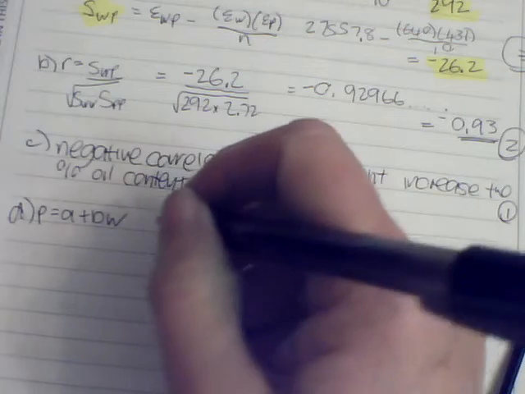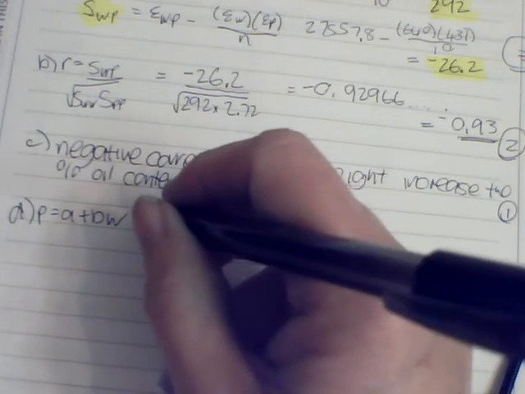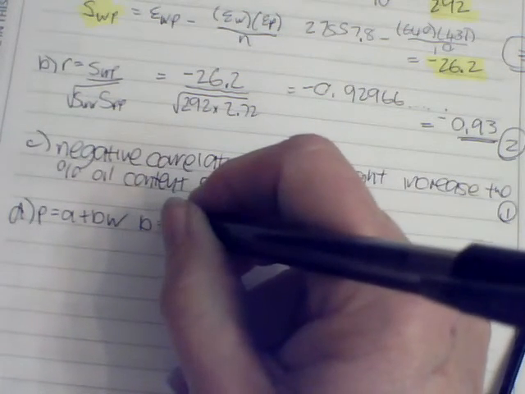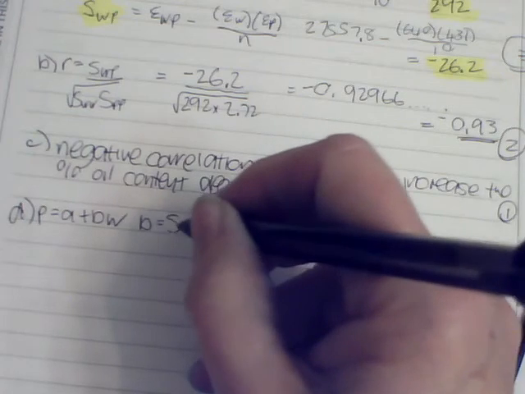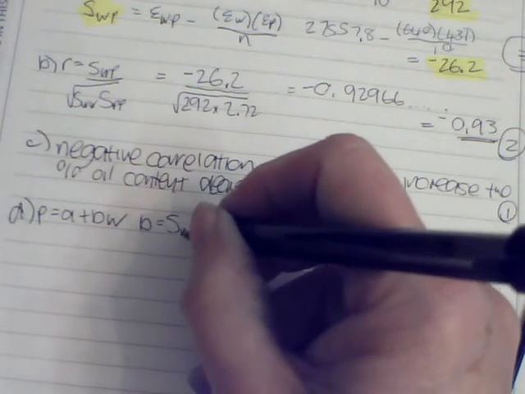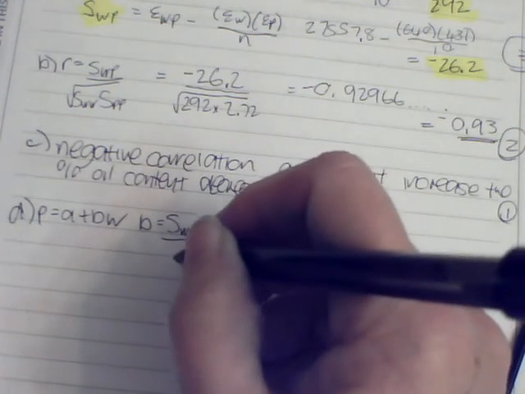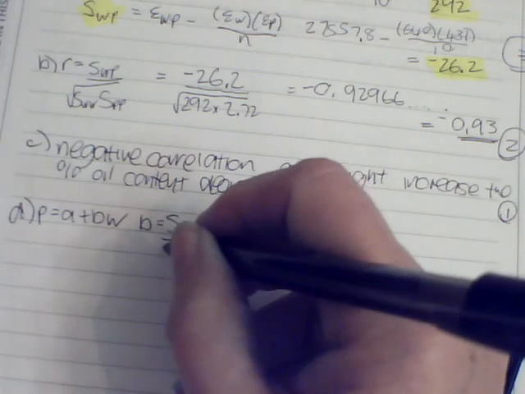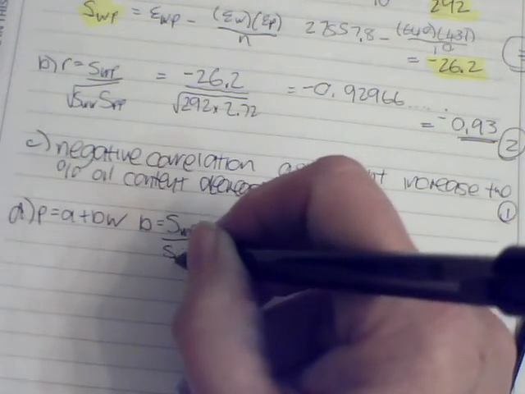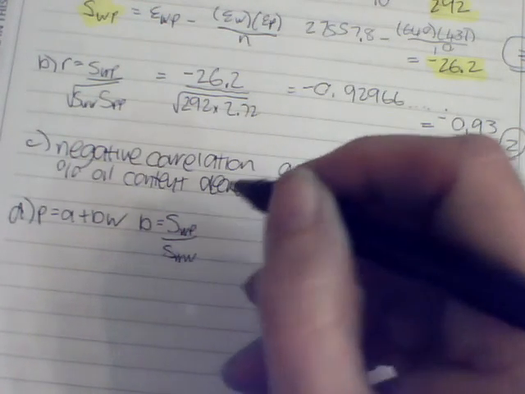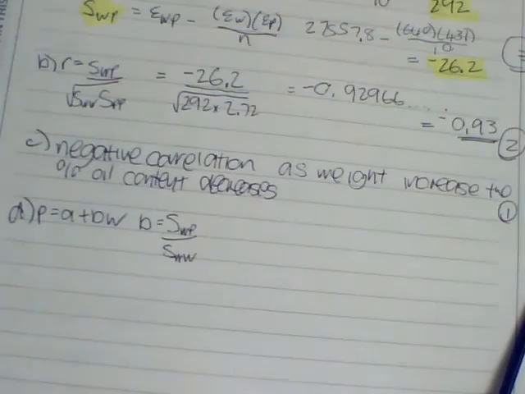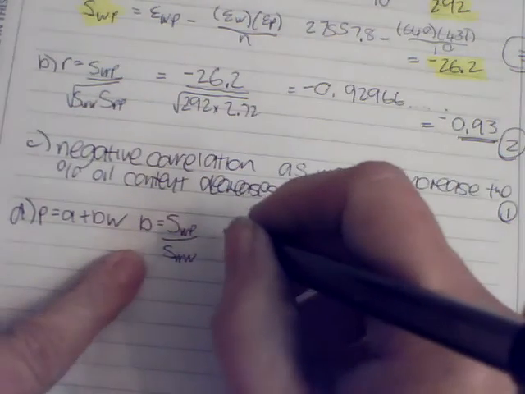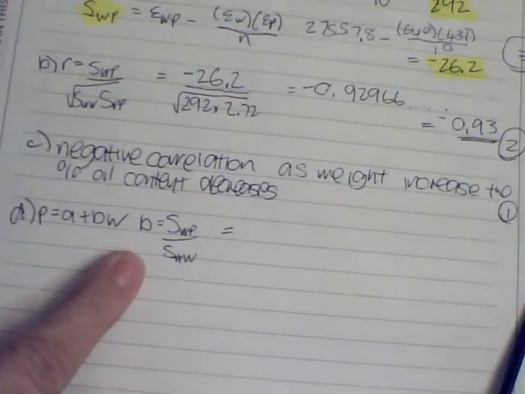So b equals, in this case, S of WP divided by S of WW. Okay. And we've got those. It's another easy question.